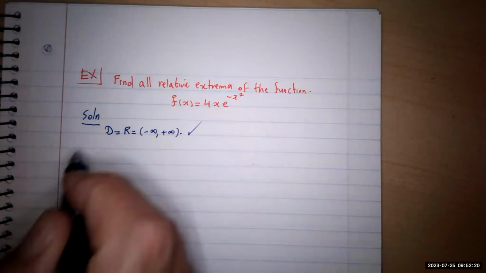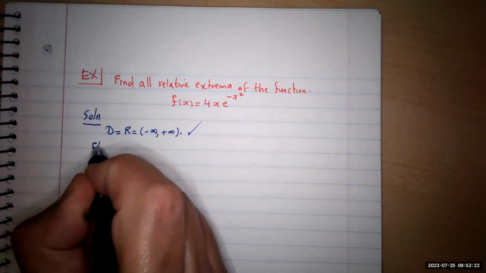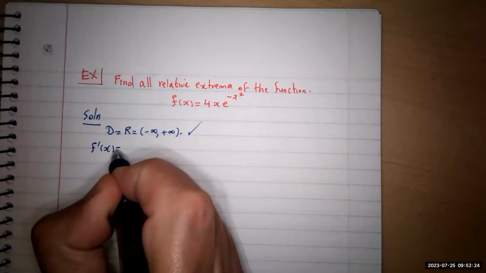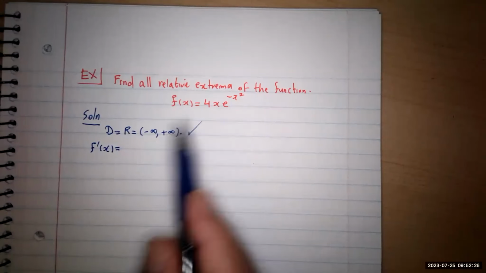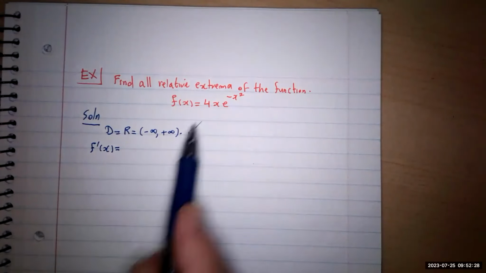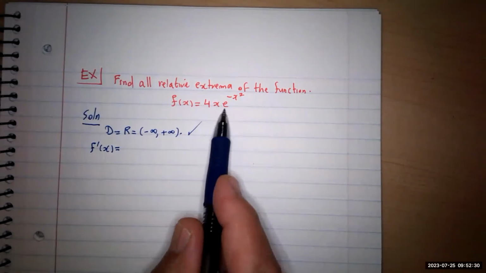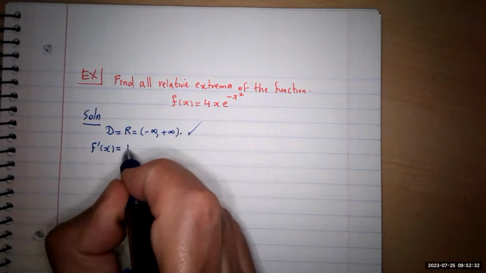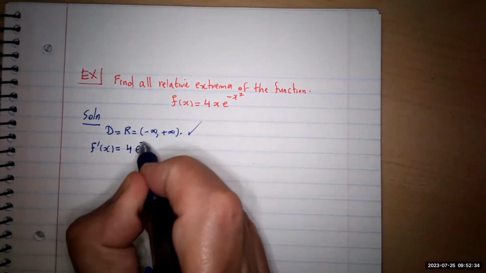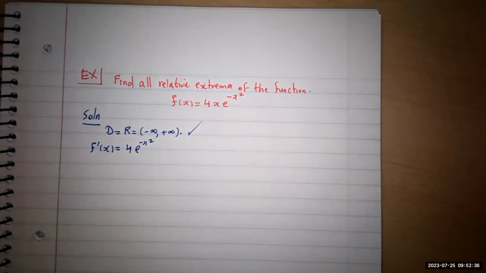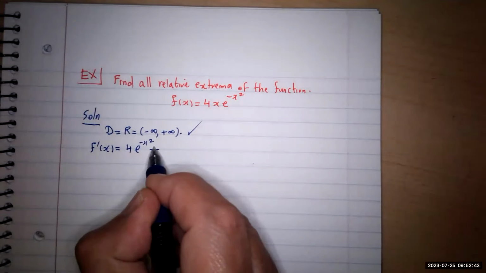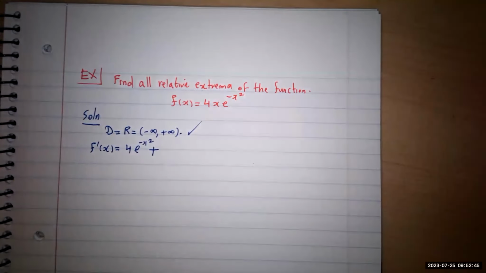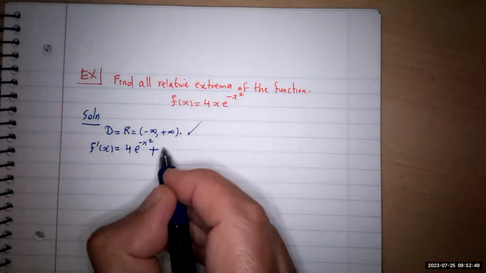So we differentiate it: f prime of x is equal to the derivative of the first times the second. The derivative of 4x is 4, of course, times the second function, e to the negative x squared. That's the derivative of the first times the second, plus the first times the derivative of the second. The second is an exponential function, which never changes.